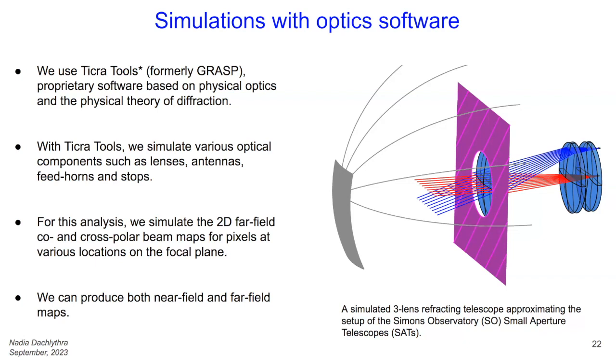So we build this little cute toy telescope in here with lenses and apertures, and we start doing what we call ray tracing, which means that we propagate the rays from the focal plane, we do it in tiny size, through the lenses, through the aperture, and onto the sky. And here, at this point, is where we expect that we get these beam maps that we showed before. So those are simulated maps. And yeah, the specific one is for the 3-lens refracting telescope set up for the Simons Observatory small aperture telescopes. And this is what we do as a community.